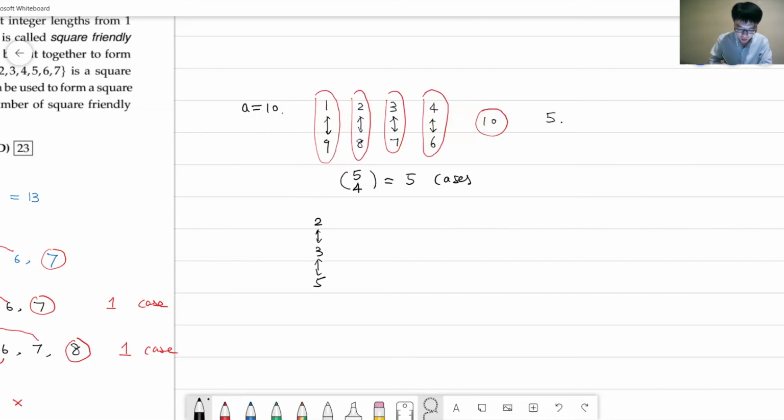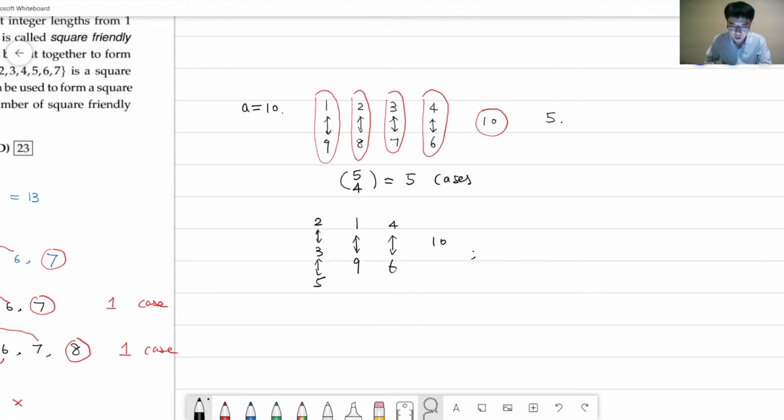So 2 plus 3 plus 5 is one side equal to 10. And I keep 1 plus 9, and I keep 4 plus 6 because the other one is already broken. And then we still use 10. So this is a new way to form a square of side length 10.